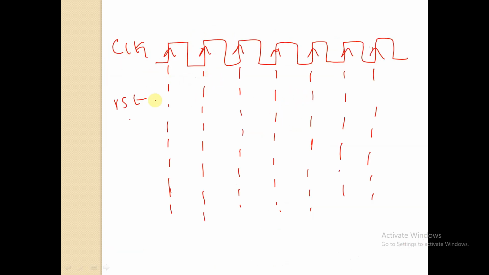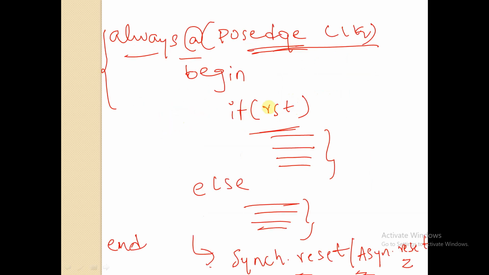If I try to drive the signal to 1 at negedge of clock, my statements inside this block will get executed only at posedge of clock, since my reset is inside the posedge of clock.